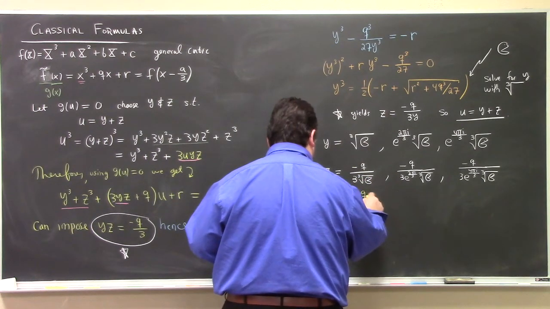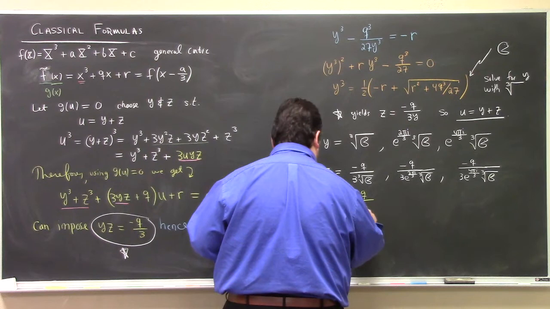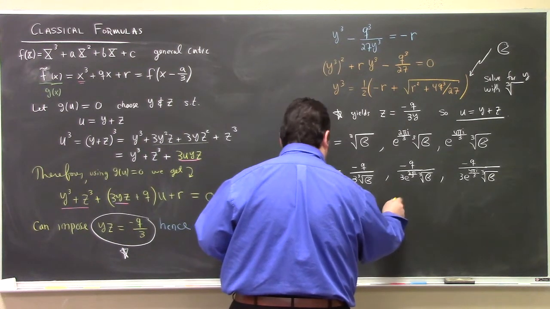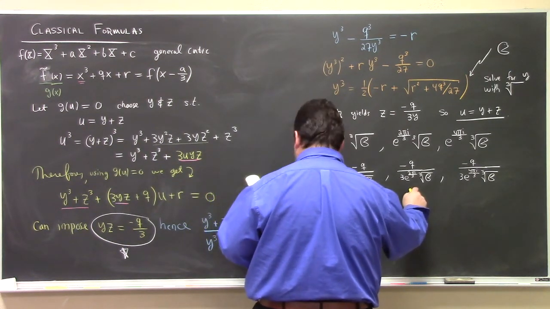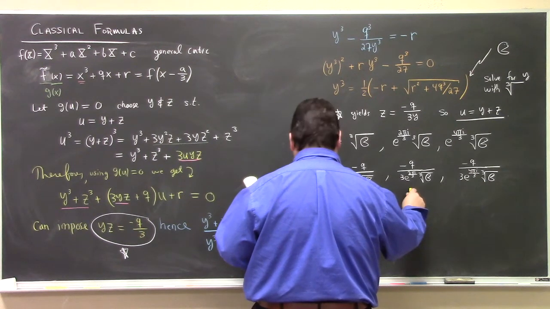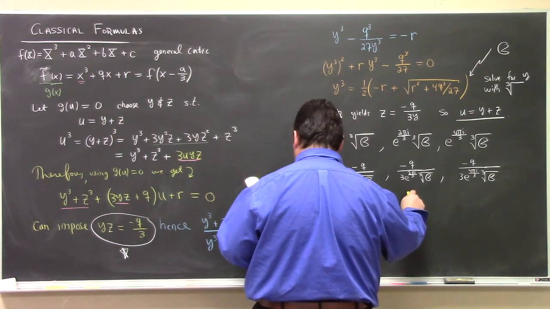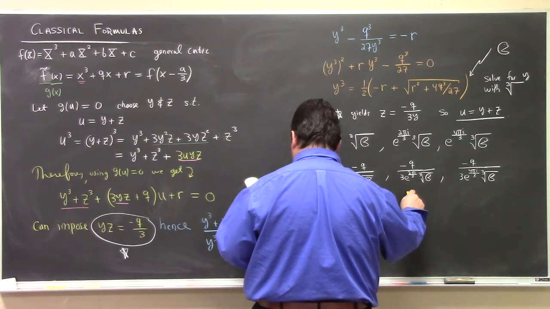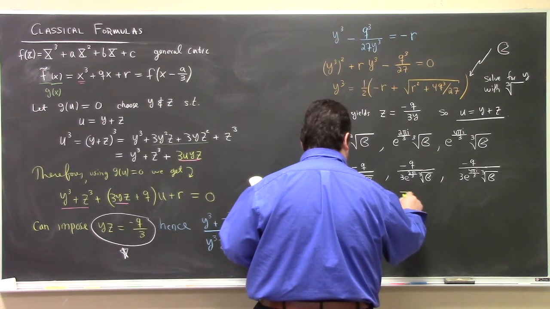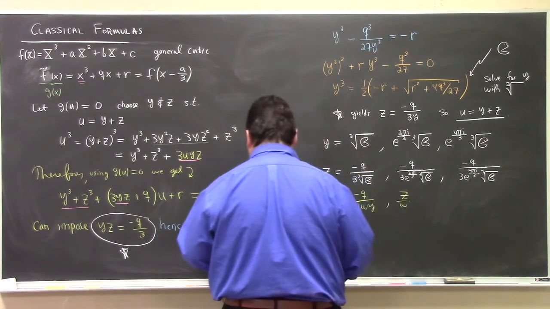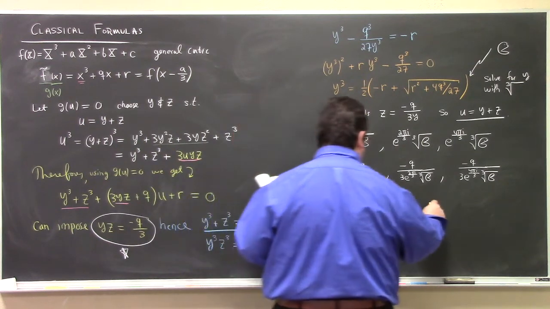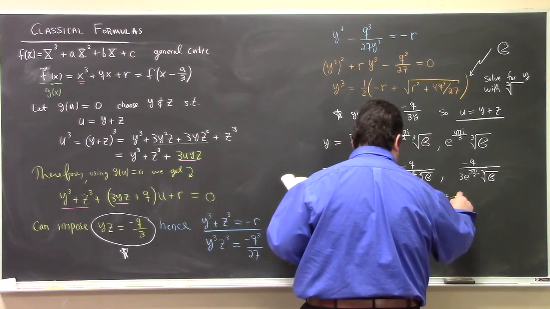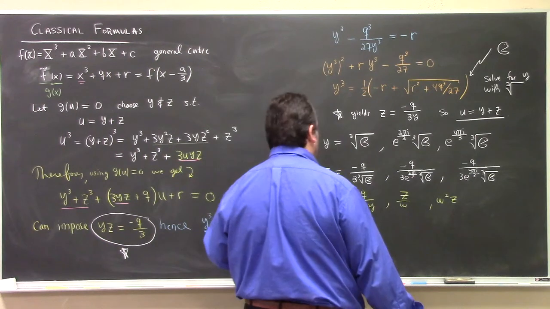He says it's minus q over 3 omega y, or it's z over omega, or it's omega squared z. What is this z?